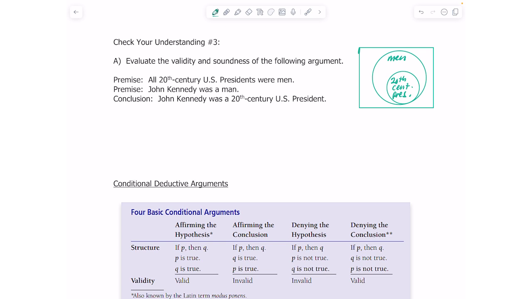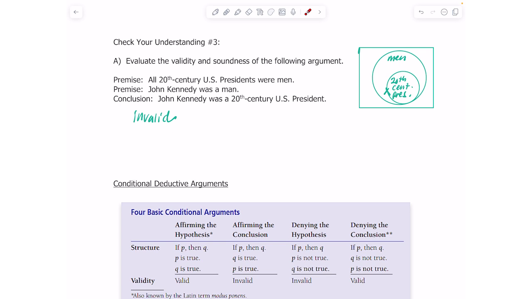Well, where would I put my X for my conclusion? The conclusion requires the X to be inside the president circle, right? But it isn't. And the argument would be invalid. Sorry, my pen is acting up there. Okay.